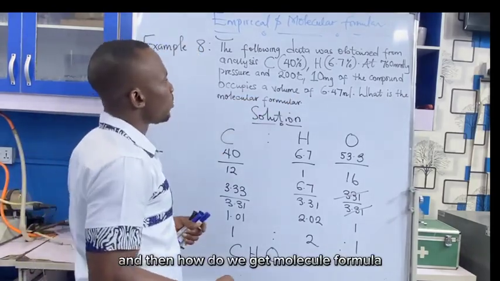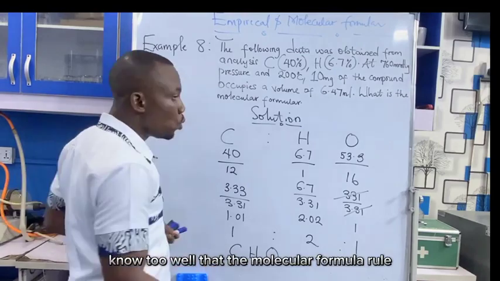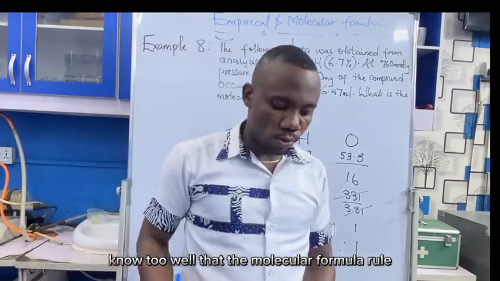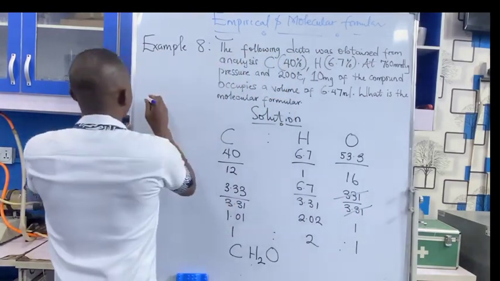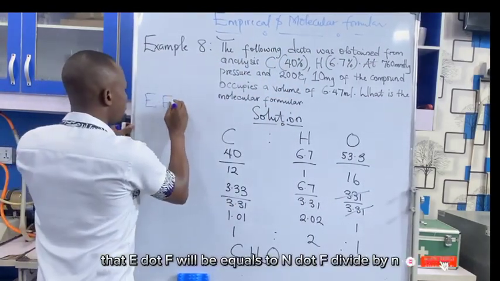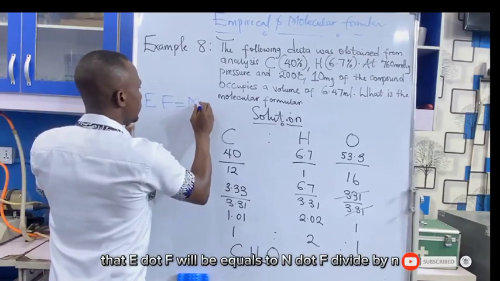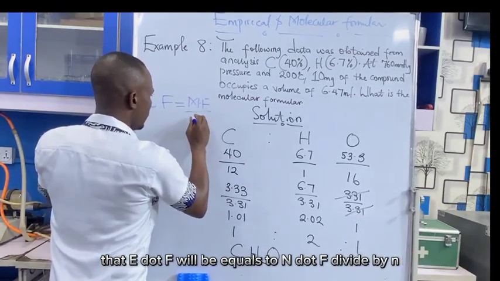And how do we get the molecular formula? Knowing too well that the molecular formula rule must pass through the empirical formula, E.F. equals M.F. divided by n.